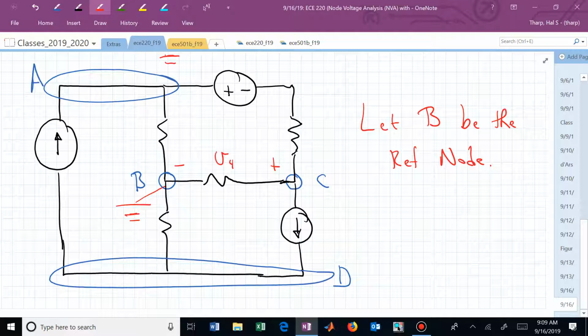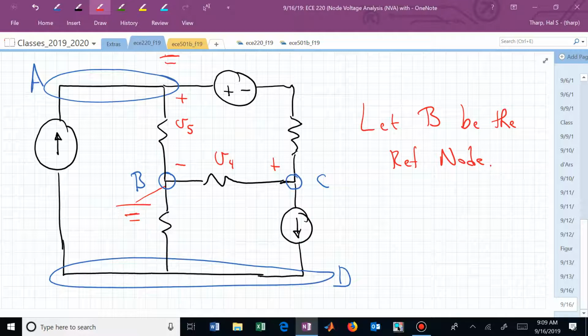V sub 5, let me just let that be from A. That looks kind of weird, doesn't it, to have two negatives? It makes it look equal. So those are both relative to that point. They're going to share the same common node. There's V sub 5.